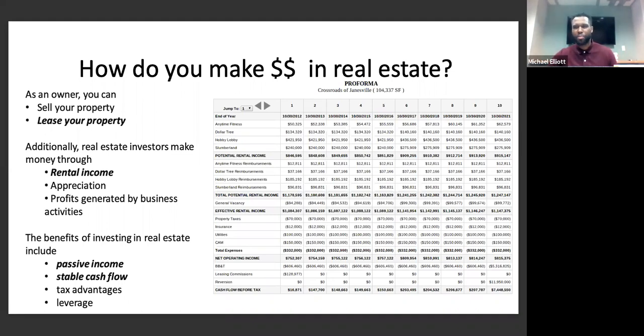You've got to maintain the property. But I guess what they mean by passive income is not like you're going to a 9-to-5. Tax advantages that you can take advantage of. Again, definitely want to make sure you touch base with your accountant for that, as well as leverage. What we love about leverage is that you're using other people's money. You use less of your money so that you can take advantage of an asset, get the benefits, and hopefully use any other cash that you might have for another type of project as well.